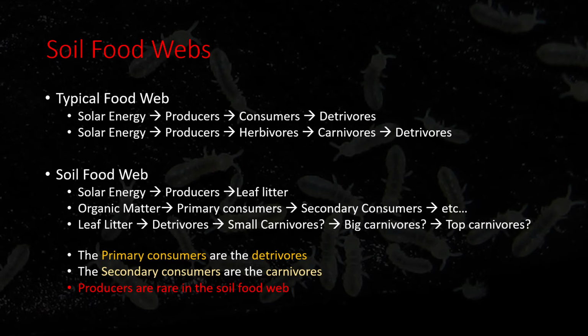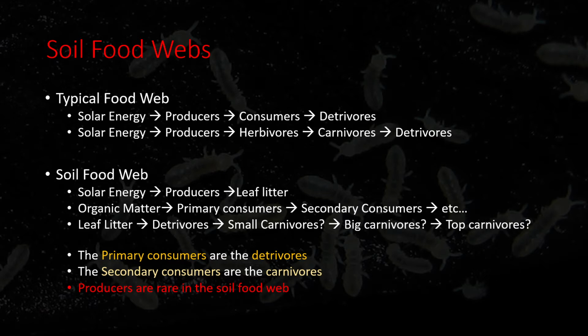In the soil food web, producers are more rare. Instead of true producers, you have the decaying organic matter that they produce. So the leaf litter or their poop, that is sort of the source of that solar energy, the beginning of our soil food web. The primary consumers, or your herbivores, are actually our detrivores that are breaking apart that organic matter.